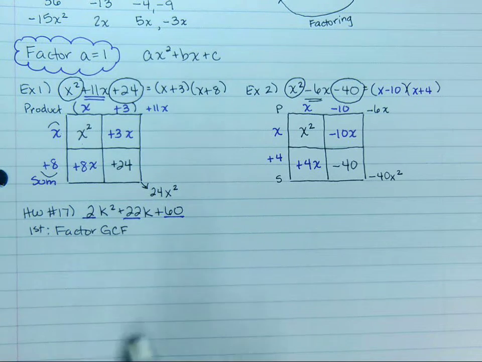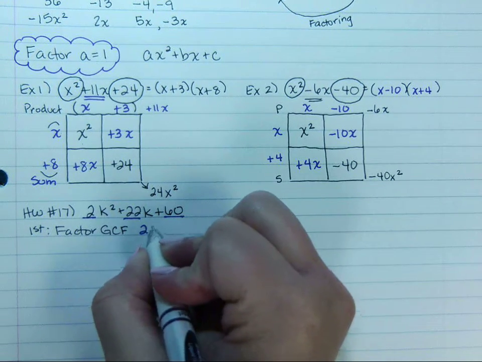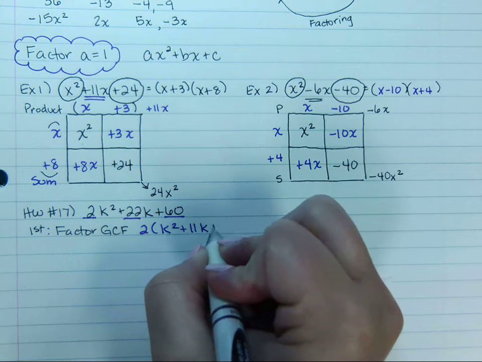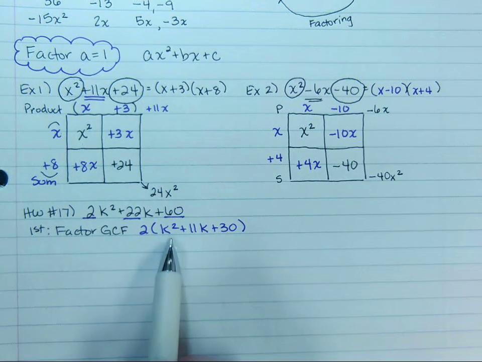Otherwise, when I do my boxes, I'm going to end up with really large numbers that I don't really need to have. So if I look at all of these, they have a 2 in common. And so I'm going to factor out the 2 first. And that will make factoring the trinomial on the inside a lot easier.